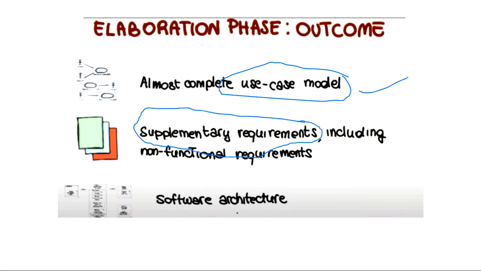Non-functional requirements means things which are not related to the coding part. For example, the user says that I need a green dashboard, yellow dashboard, purple dashboard. So all these non-functional requirements will also be included in this design phase. And when you hear the word design, the word architecture should strike your mind.